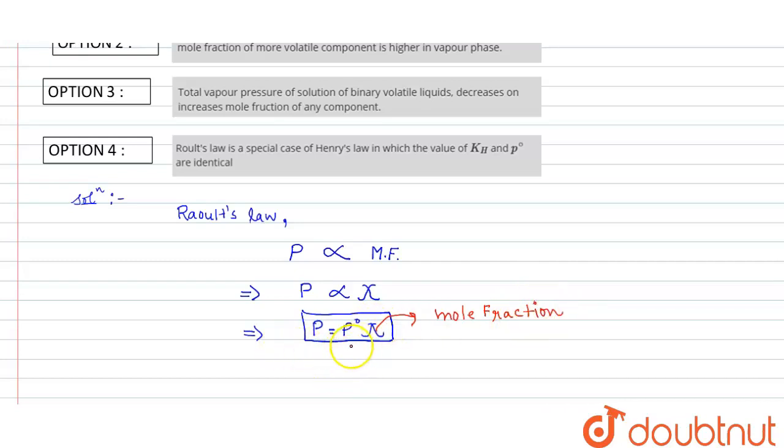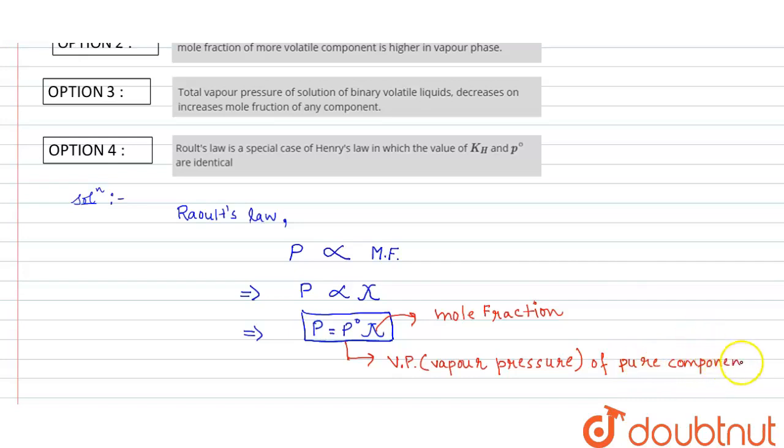Here P naught represents the vapor pressure of the pure component. That's what P naught stands for.